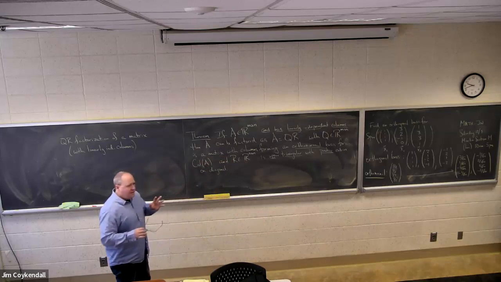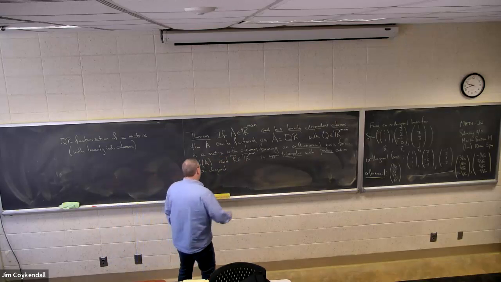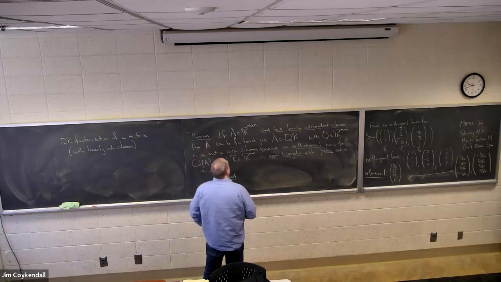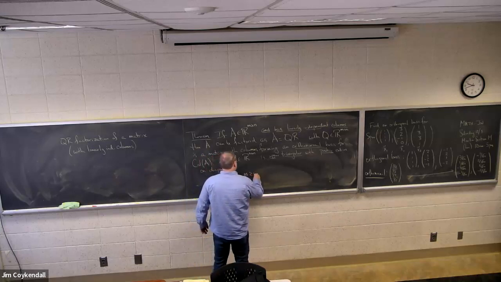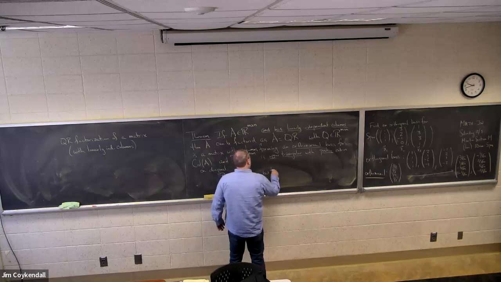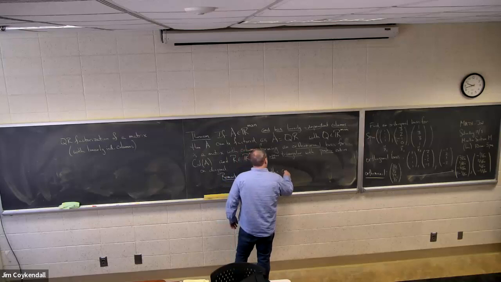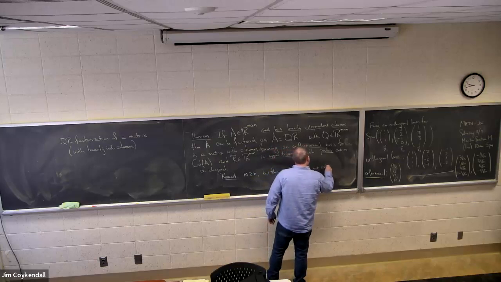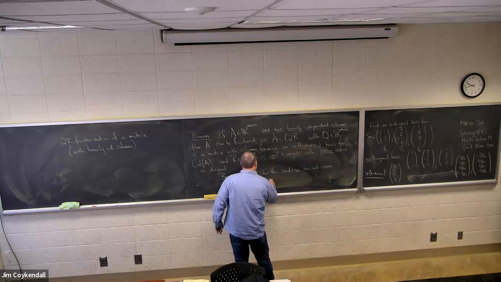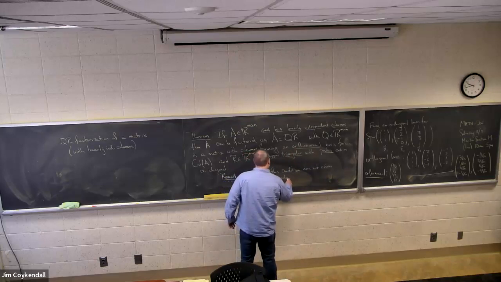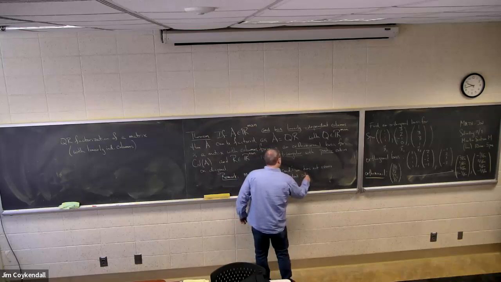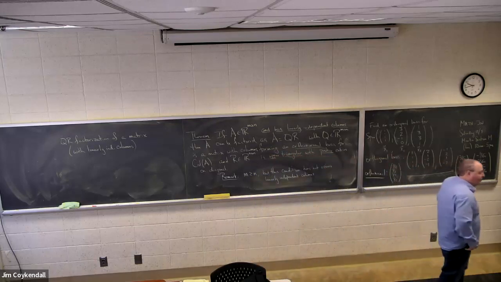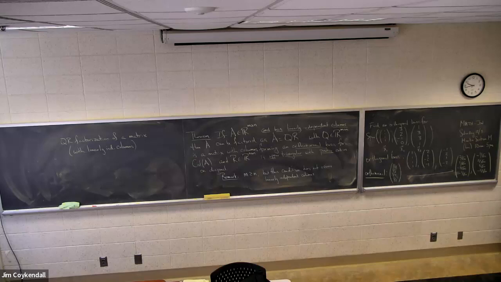So it must be true in this matrix that the number of rows is at least as big as the number of columns.